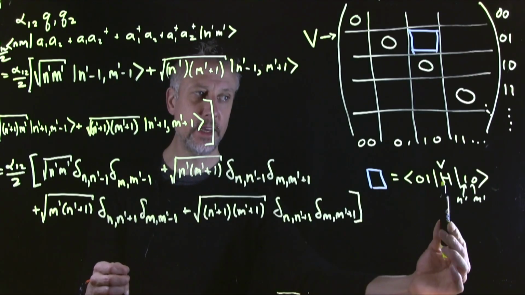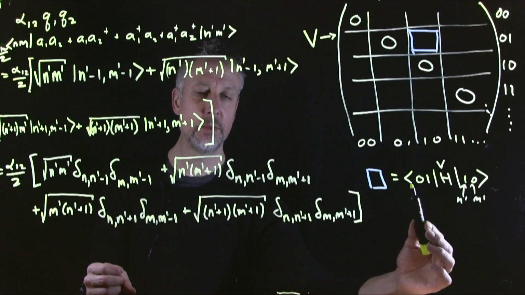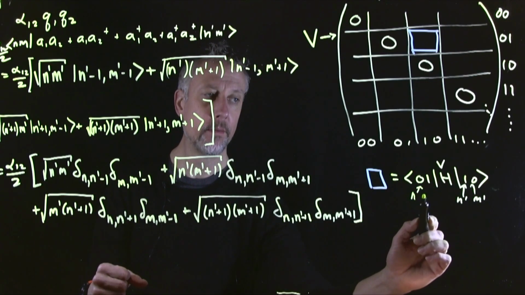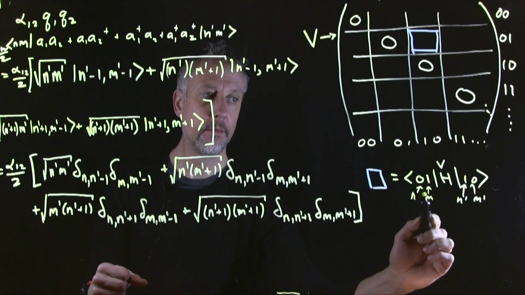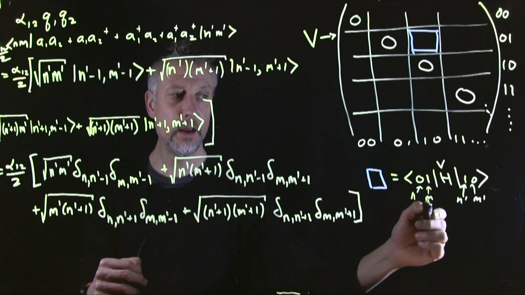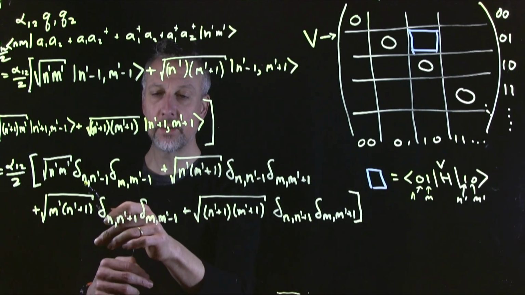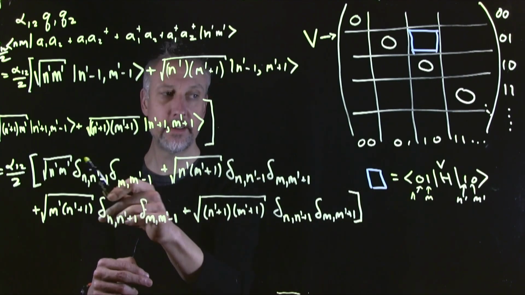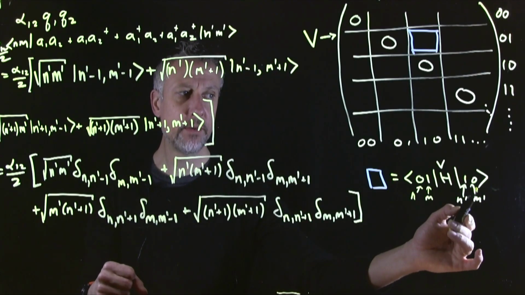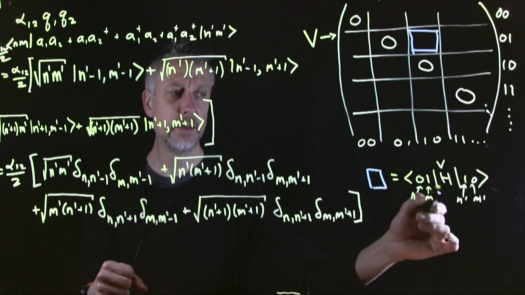What this is saying is, do we have a matrix element where n goes from 0 to 1, so that n primed minus 1 is equal to n. Okay, so that's this delta function satisfied. Here we have m primed minus 1 goes to m.